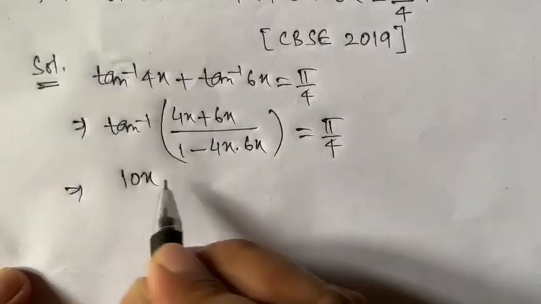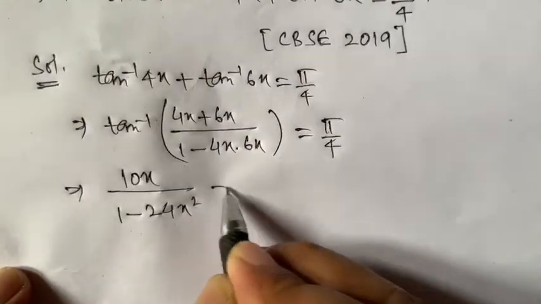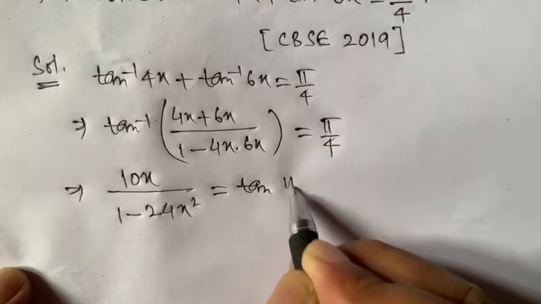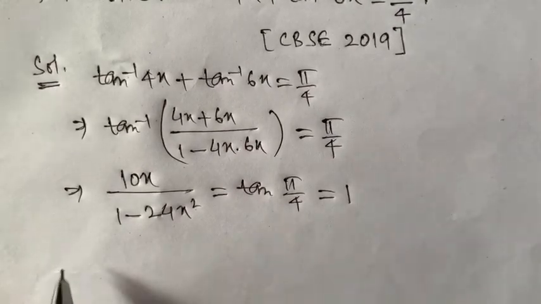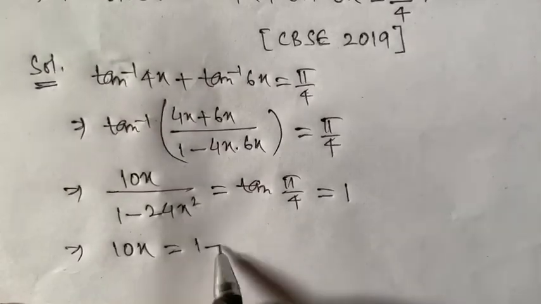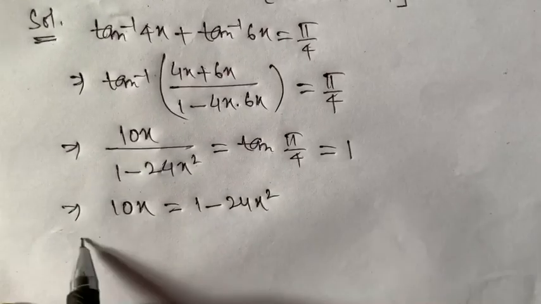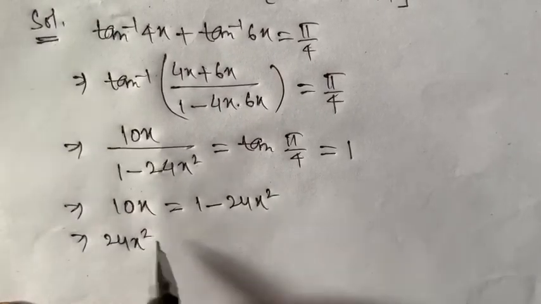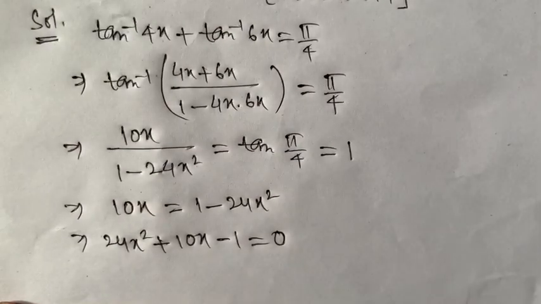It is tan of 10x upon 1 minus 24x square is equal to tan pi by 4, which is 1. Now we will cross multiply to get a quadratic equation there. It is this one. So we have 24x square plus 10x minus 1 is equal to 0.